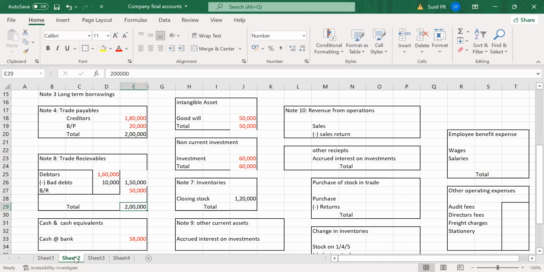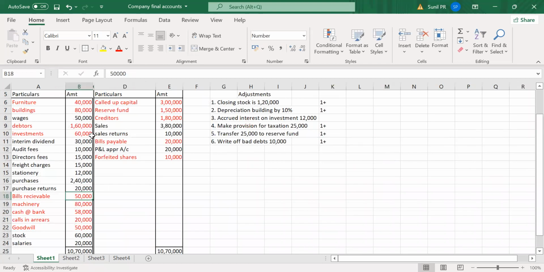Next, other current assets. Anything you feel, see, wages will not come, interim dividend does not come, audit fees, director's fees, freight charges. So we have done almost all the things. In the adjustment, you see, accrued interest on investment is there. It is an income.